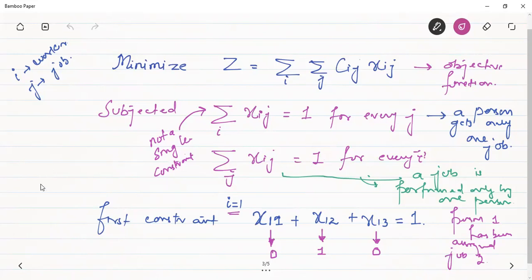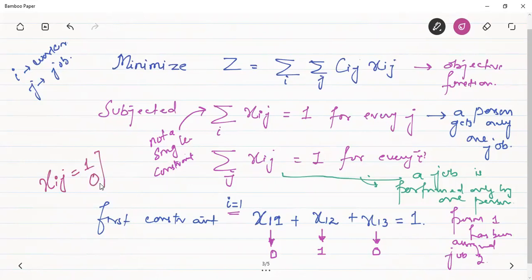Also, these decision variables can be either 1 or 0. That's why I had already told you that these are binary variables. They can't take any other value.